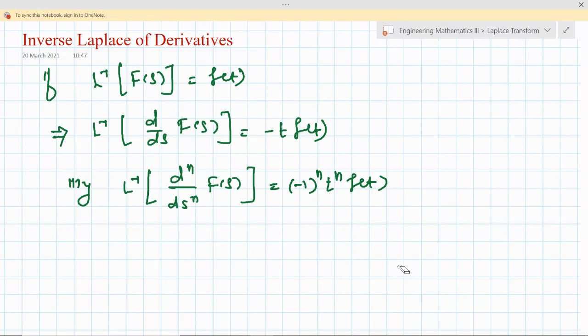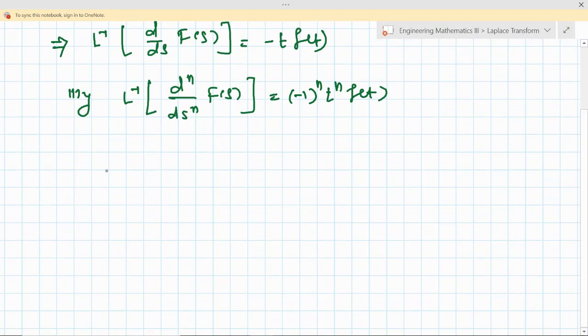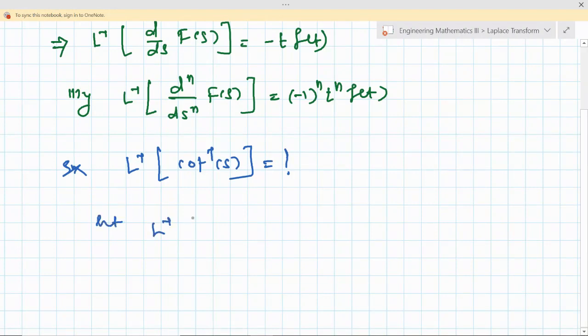Suppose we have to find the inverse Laplace of cot inverse of s. What is the inverse Laplace of this? Suppose this value is nothing but f of t, for example.